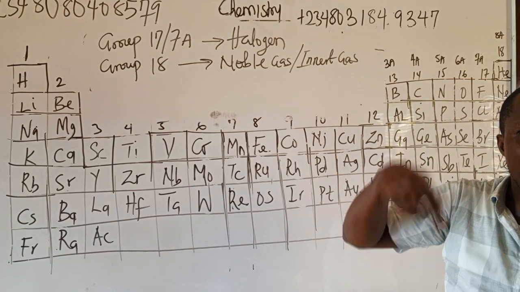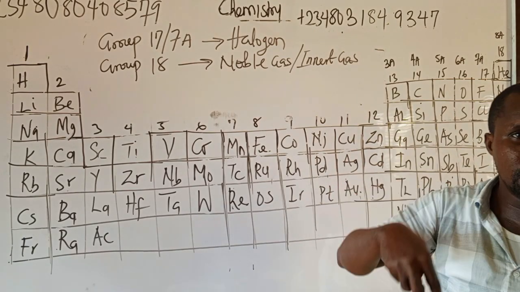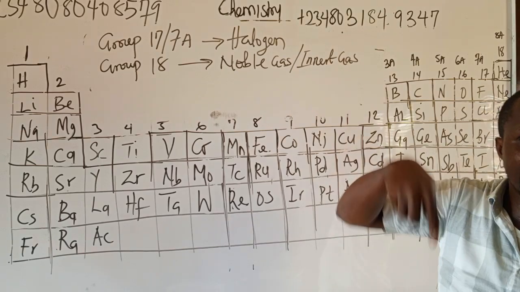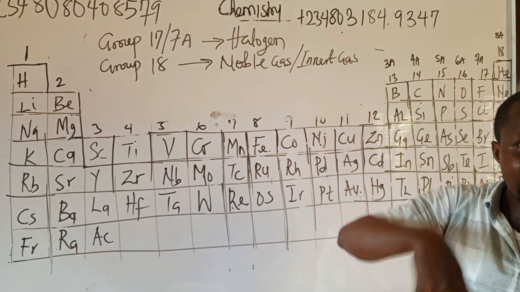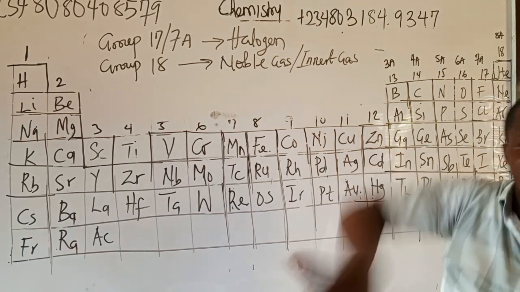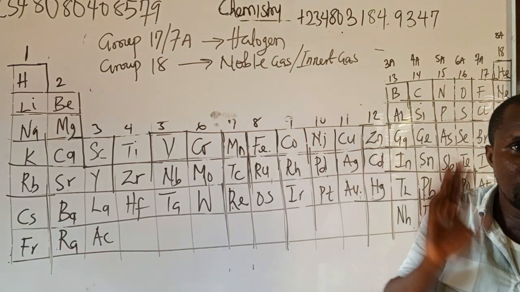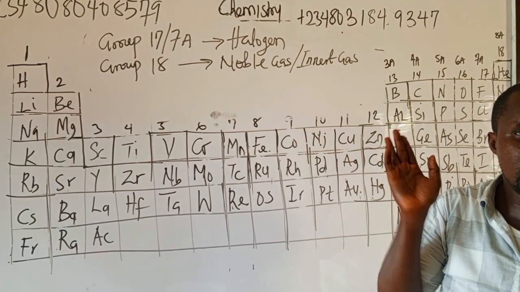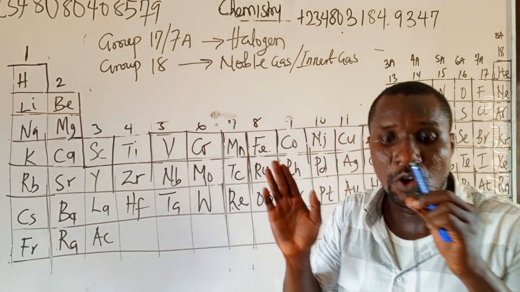Take note of that. They are representative elements, because they represent the property of their own group. They are always period 3 elements. They are called typical elements.